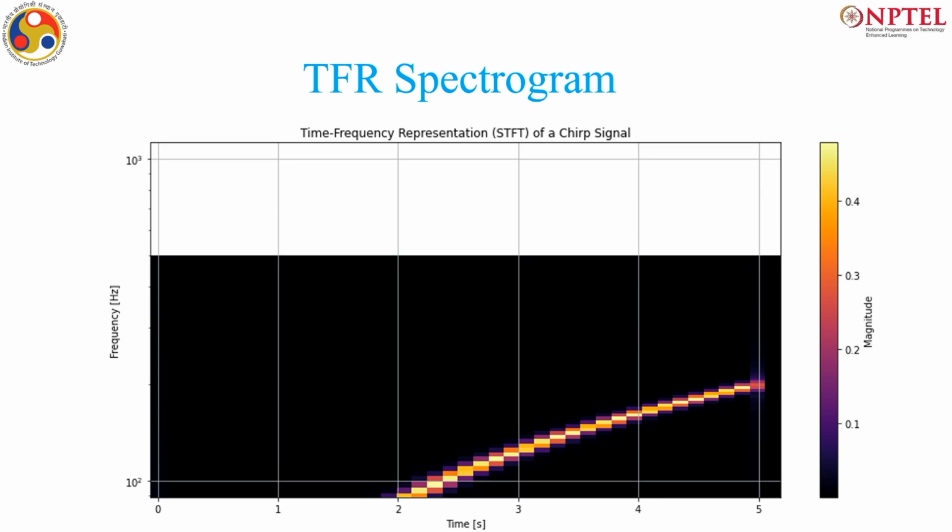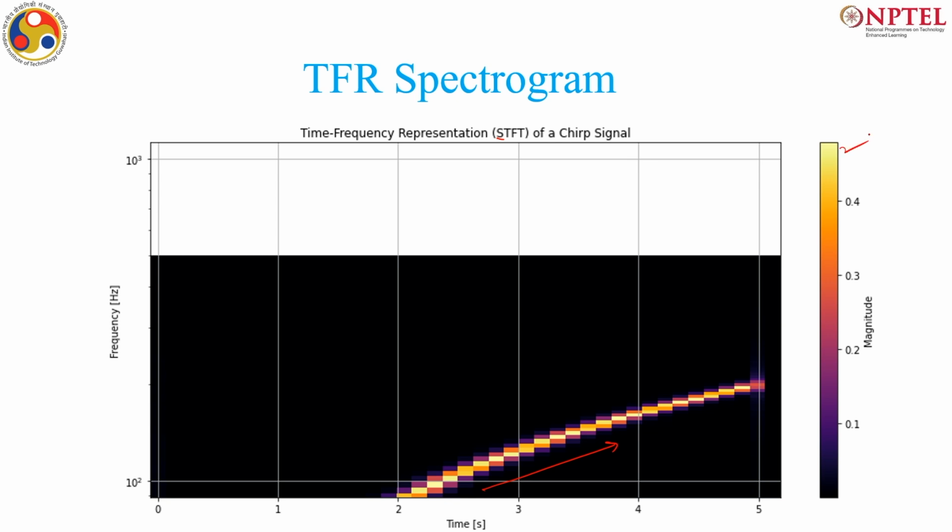So, in the time frequency representation, the spectrogram, which is typically used in STFT, this is what we get. Here the frequency axis is in a logarithmic scale, and this is the time axis. Around 2 seconds, this is the frequency content which is low, and as my time increases, my frequency component keeps increasing.